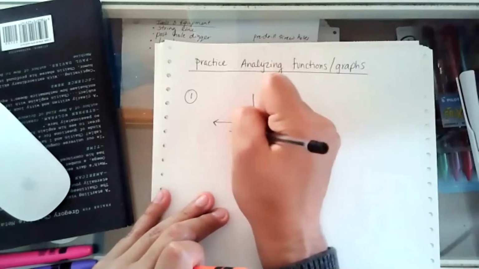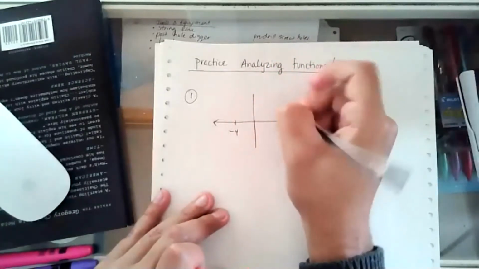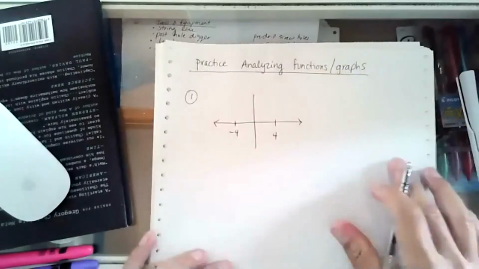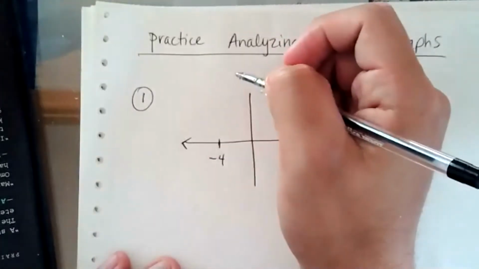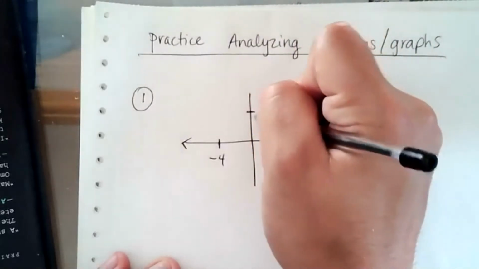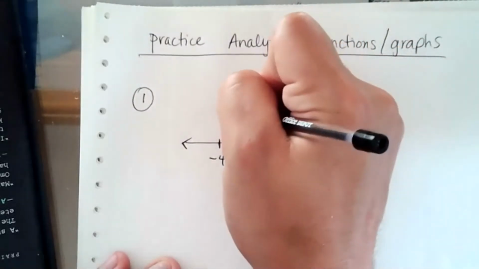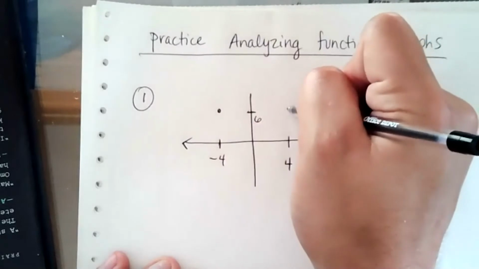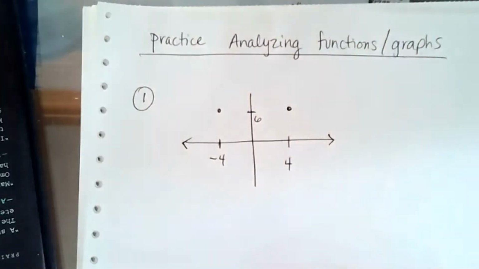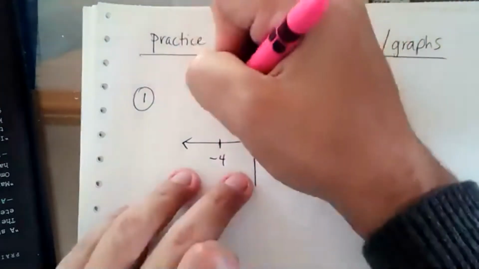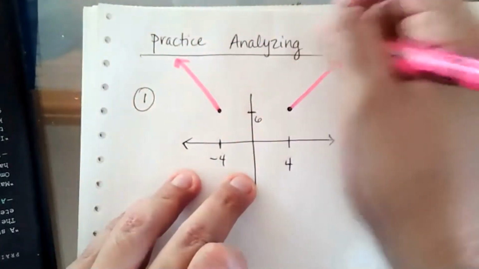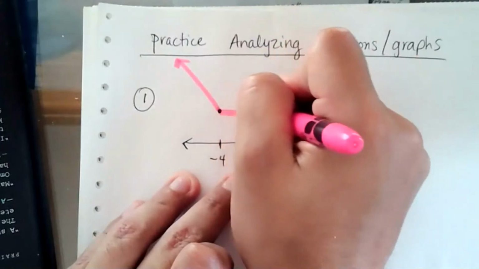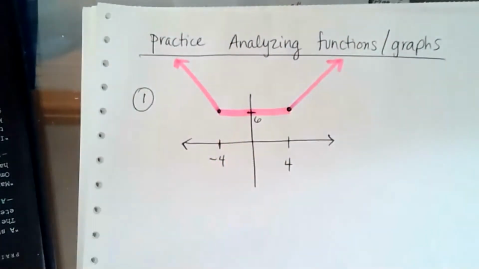So -4 is there. 4 is there. Let me zoom in since I've drawn it so small. I'm going to say that this is 6. Got a point there. Got a point there. And that's our function.